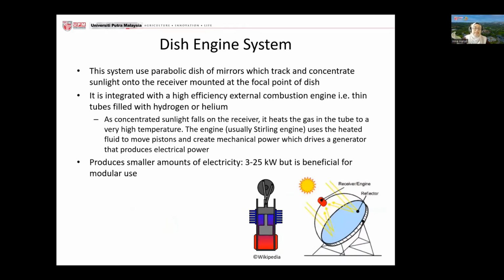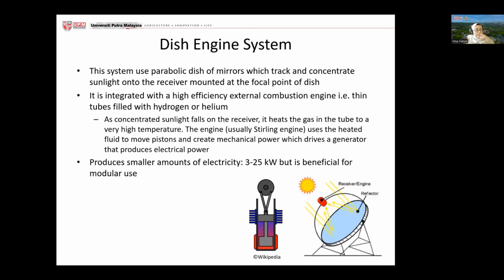The dish engine system is usually for smaller amounts of energy, because you will have just one parabolic dish. What happens is that this dish will turn and keep track of the sun.